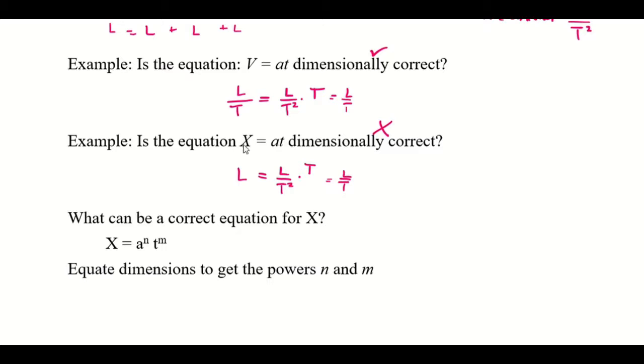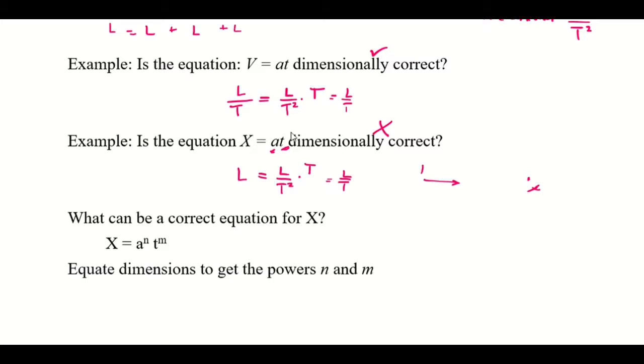So, okay, but we do think that if something is moving in the x direction, then how far it would go should depend on the time, and should also depend on the acceleration. So x should depend on a and t. We find that a times t is dimensionally not correct.